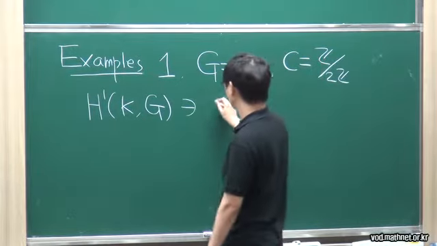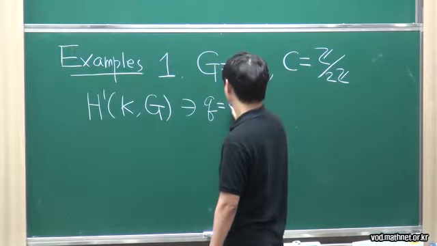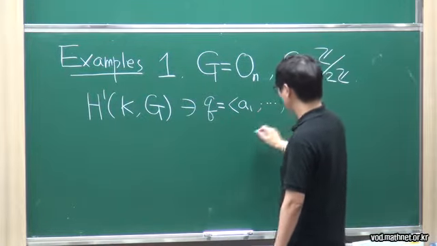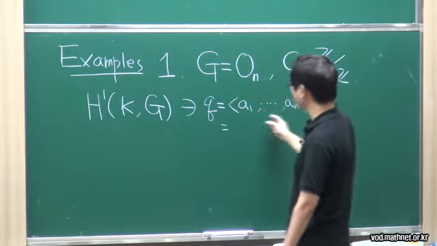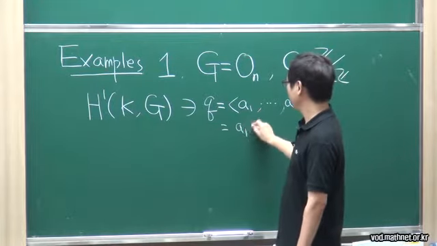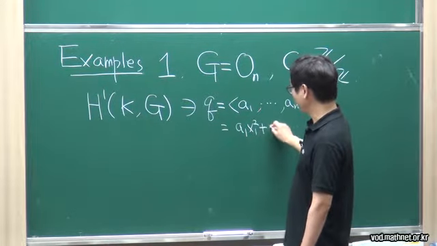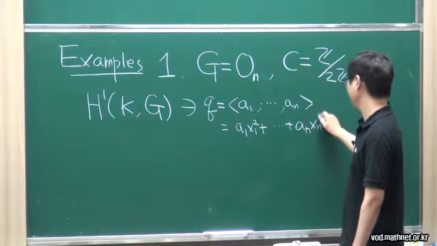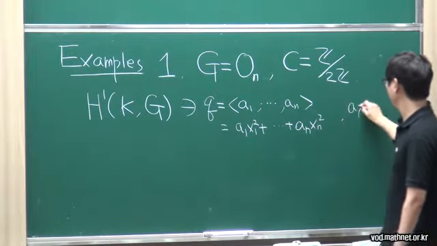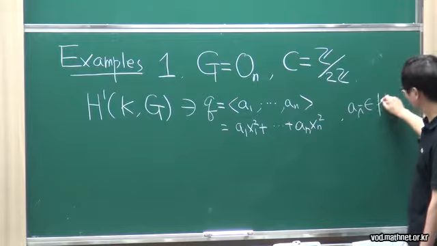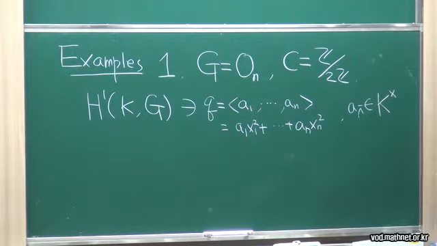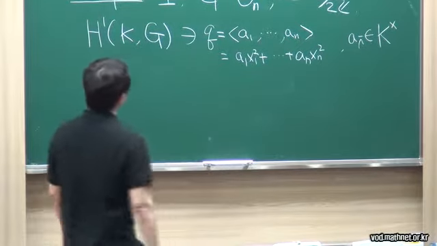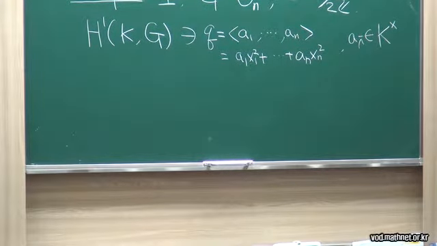So we can rewrite this as some diagonal form, with non-zero elements a_i in K.